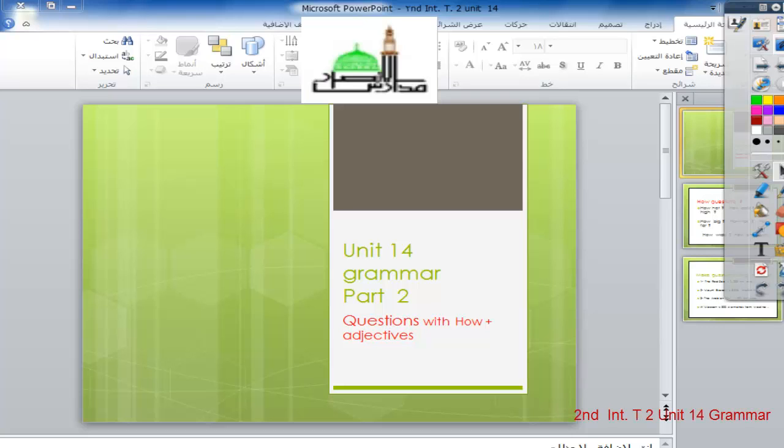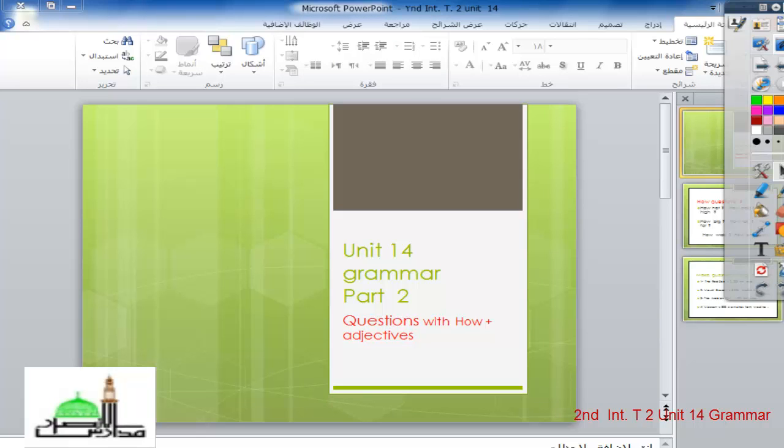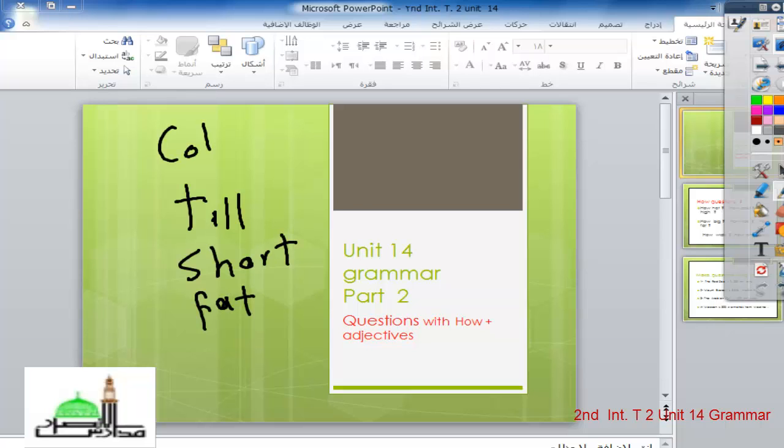The grammar of Unit 14 is talking about how questions, to make questions using how and how plus adjective. How plus adjective. Adjectives like what? To use tall, short, fat, cold, high.